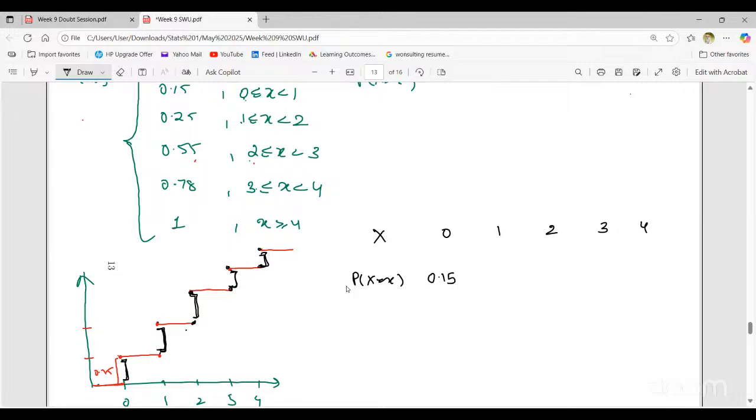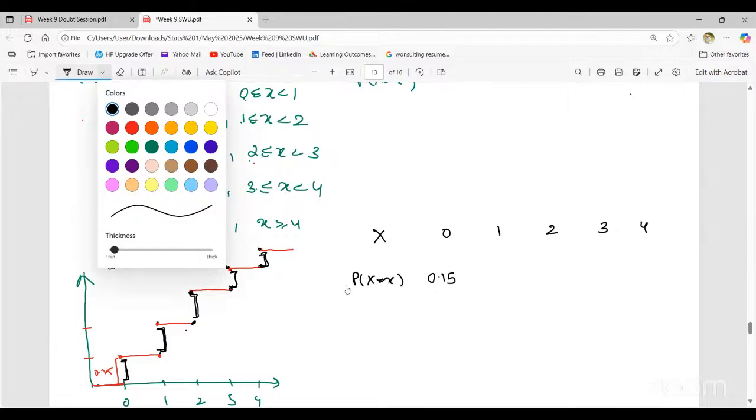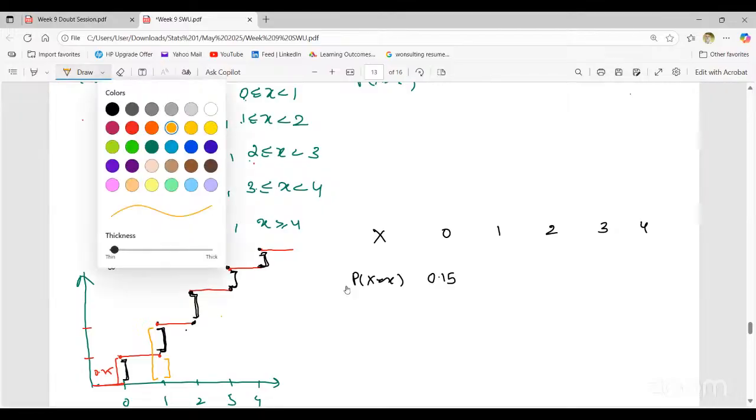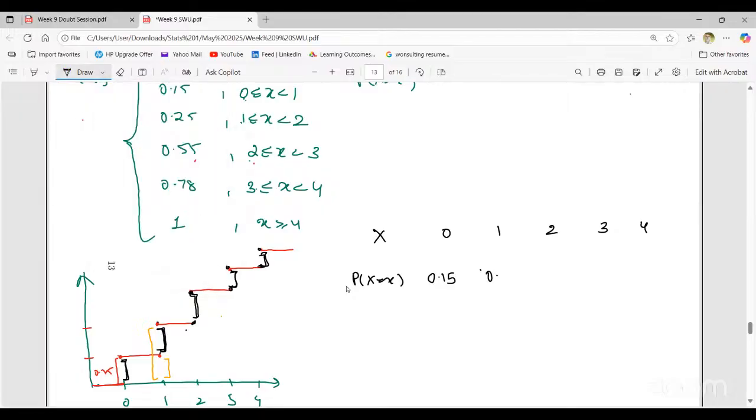Now, at 1, this is my probability, right? So how will I calculate this value? This value will be this minus this, correct? 0.1. So this is 0.1, 0.10. Now I need the value of this thing.